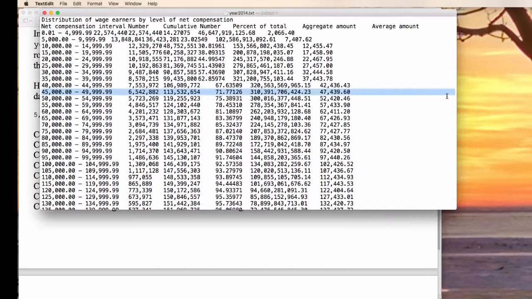We could take a look at the data itself, and in fact, that particular one, there's the row that I had copied into the project, and what we're doing is we're asking questions such as this: if I have an income, say, of $42,000, which is in that range, then that means roughly 67% of the people are earning less than that.